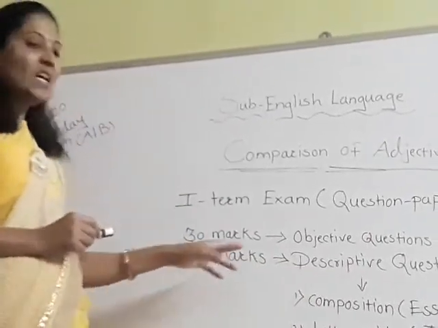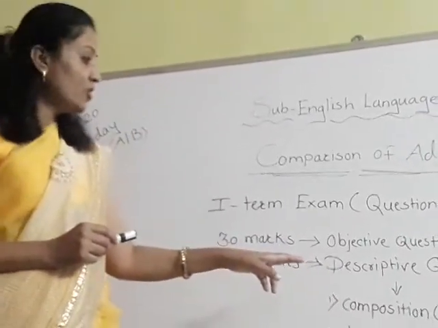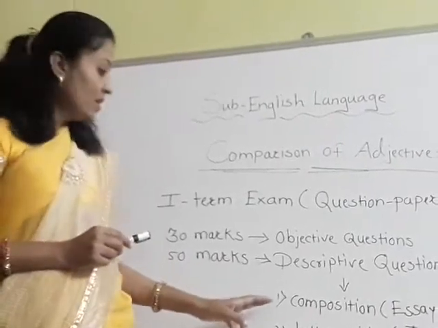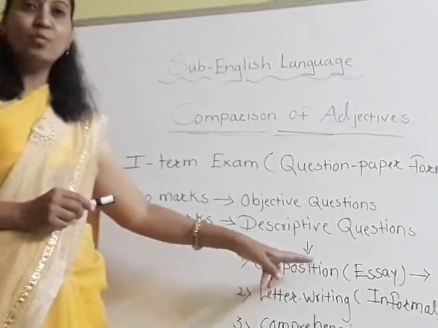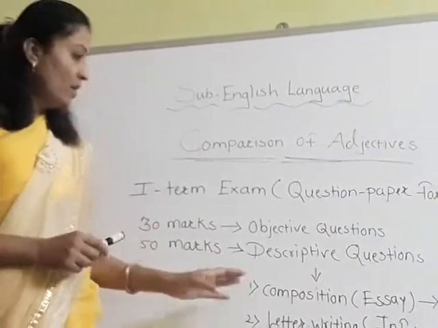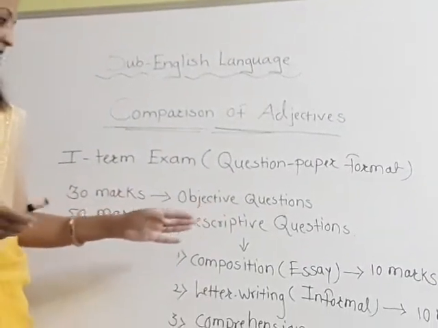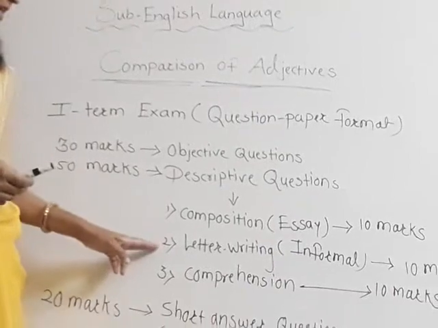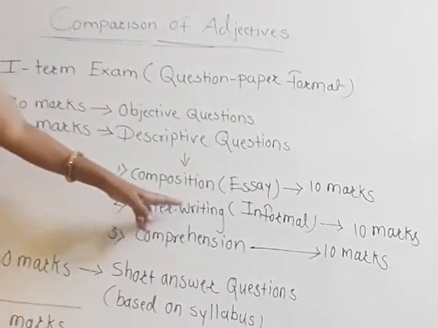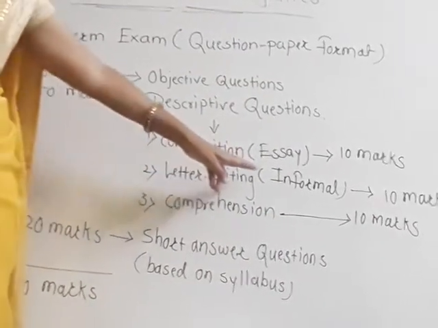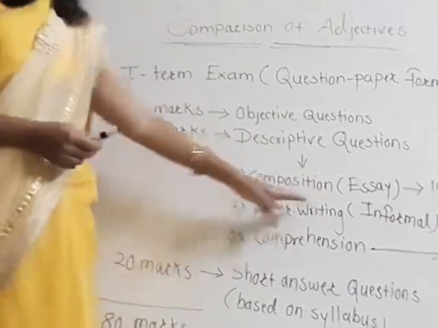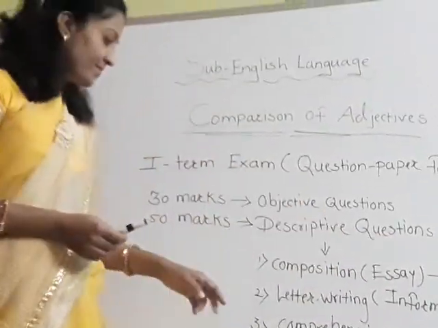Which are the descriptive questions? In that composition will be there. Composition means essay. Okay, that we are going to do later on. Second will come letter writing. That letter will be informal. That will be for 10 marks again.